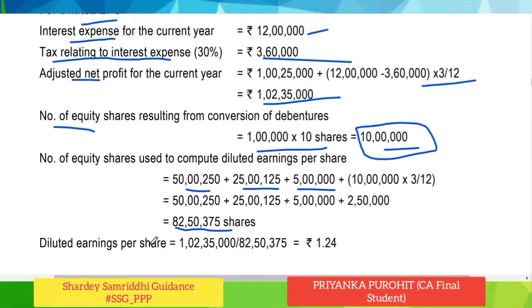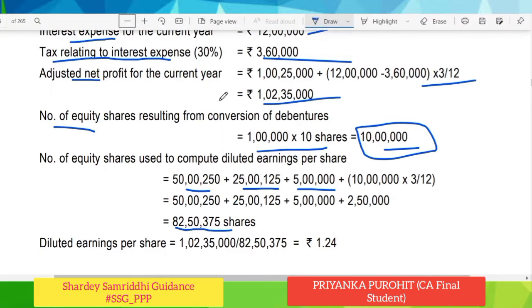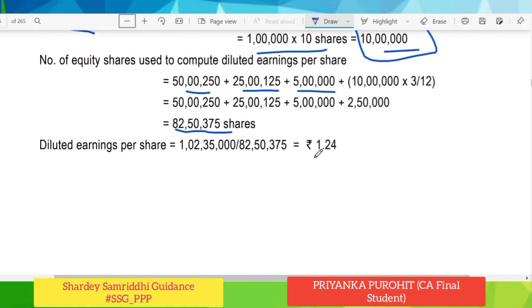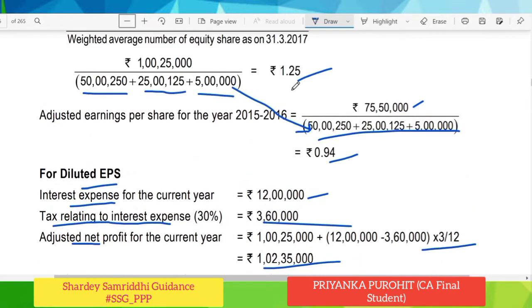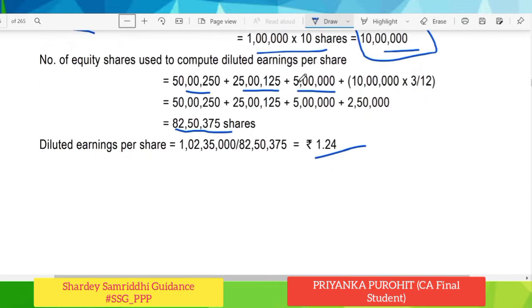So the diluted earning will be this revised net profit adjusted for the current year, which is 1 crore 2 lakh 35,000, divided by 82 lakh 50,375, which will give us the diluted EPS of 1.24. Earlier the EPS was 1.25 and now it's 1.24.